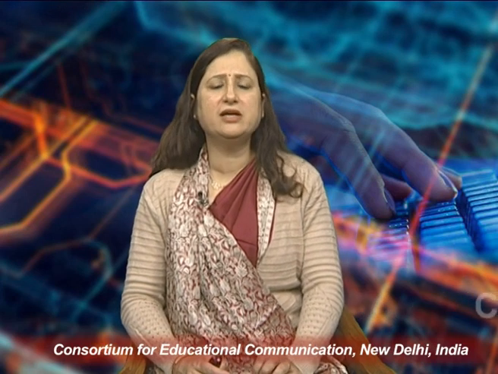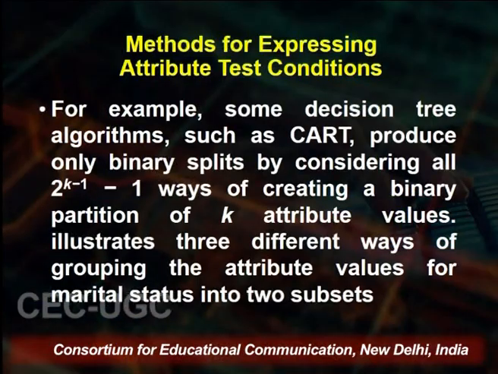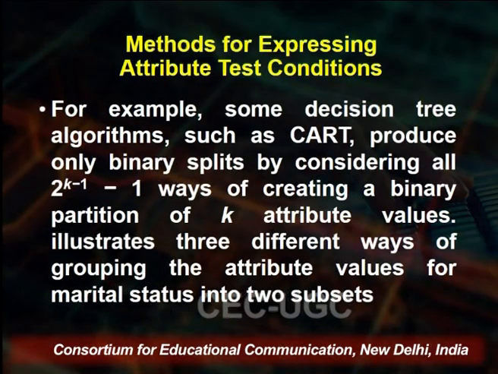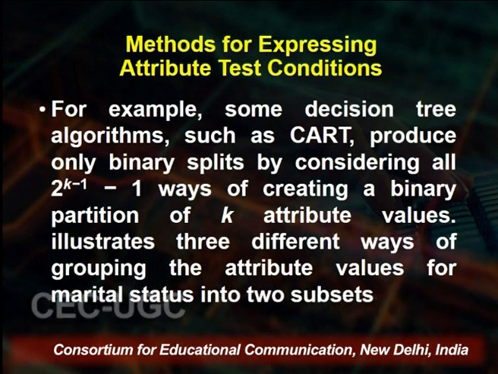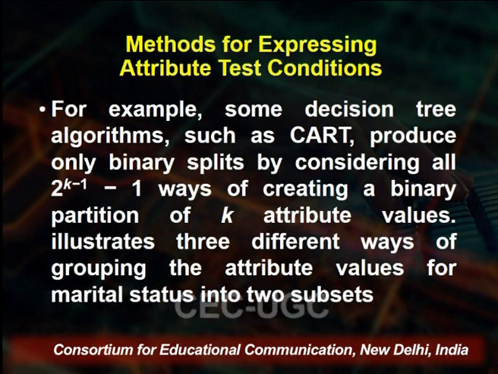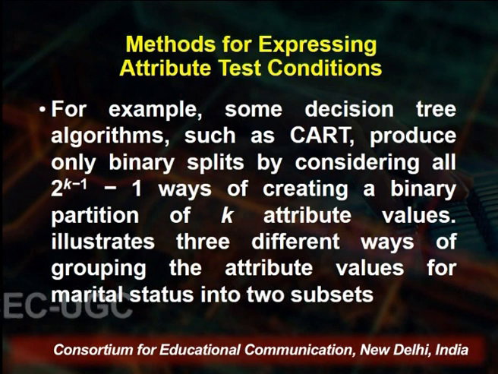It is calculated by considering all the 2 raised to the power k minus 1 ways of creating a binary partition of k attribute values. So if your attribute has 4 values, then 7 different binary splits can be done.